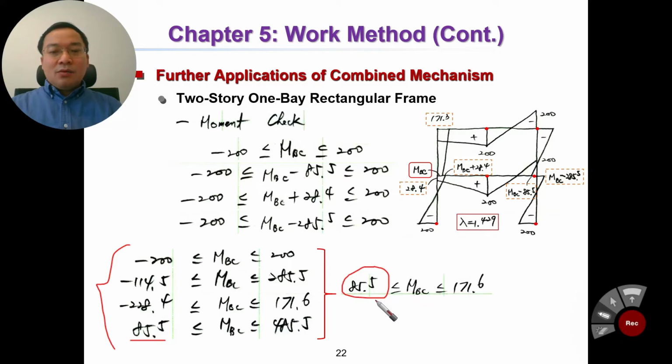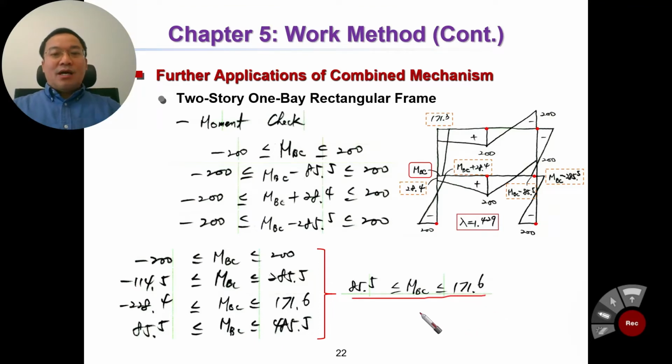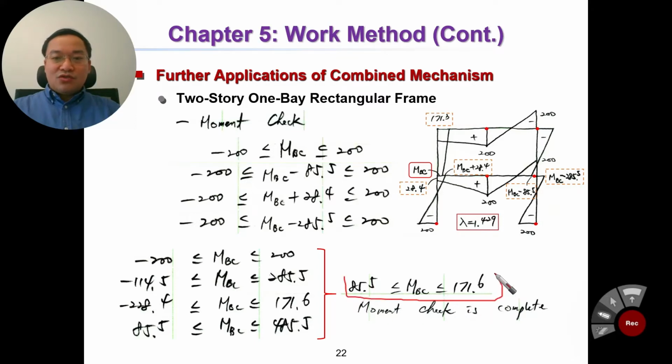Okay, what does it mean? What is the conclusion now? In the previous class, I already mentioned that if MBC has a range, then our solution is the correct solution.